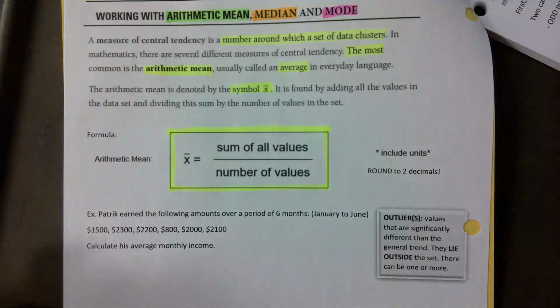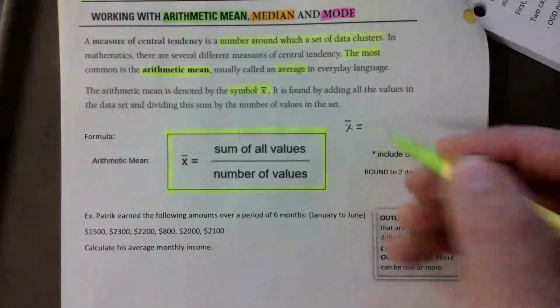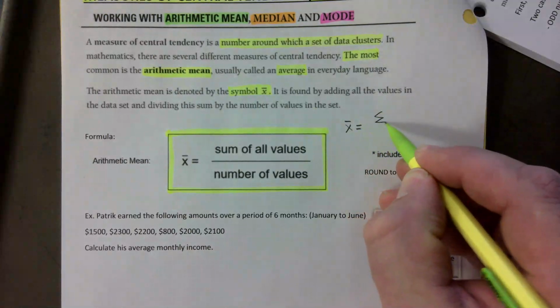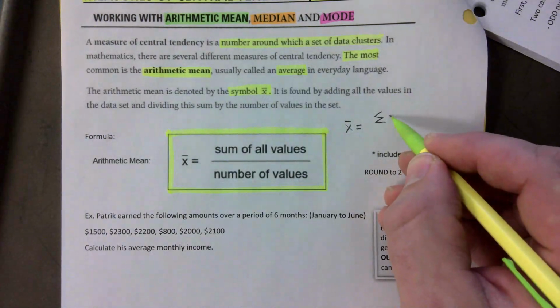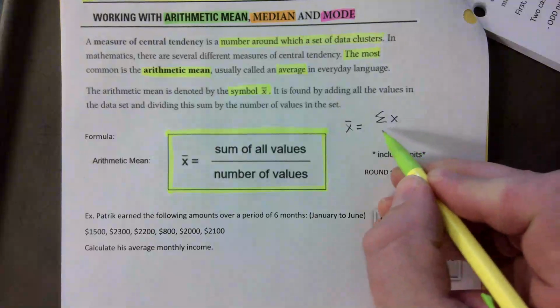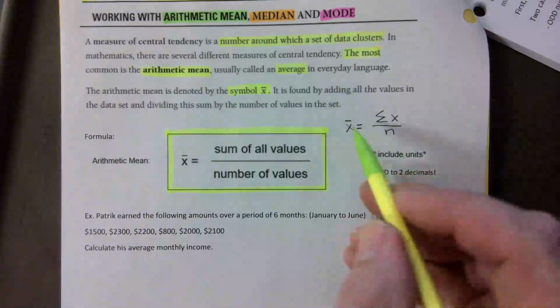I'll give you the nerdy formula for mean, okay? If you're a nerd like me, it's actually the sigma, right? It's adding up all your values and dividing it by the number of values.